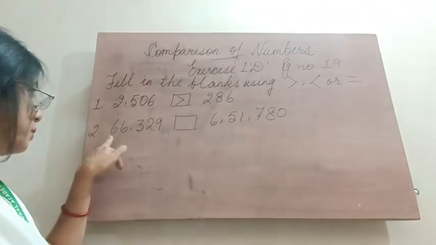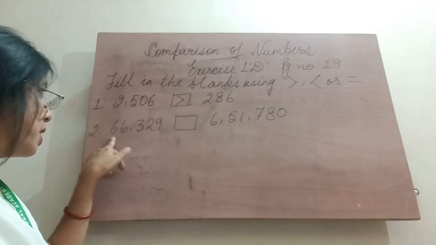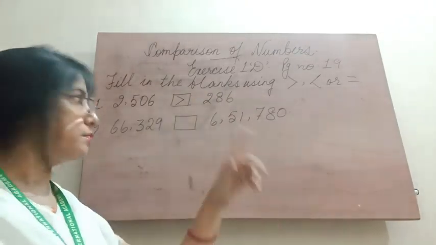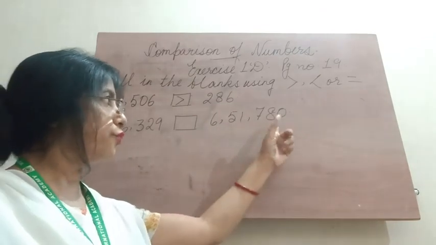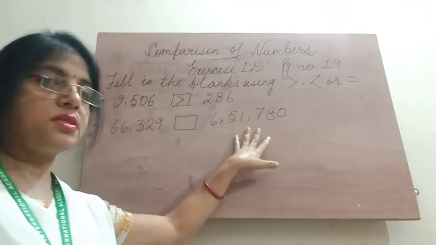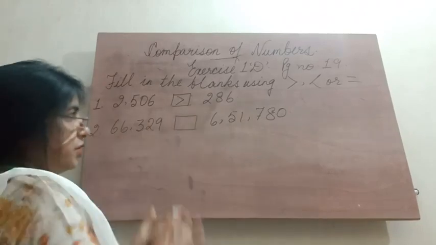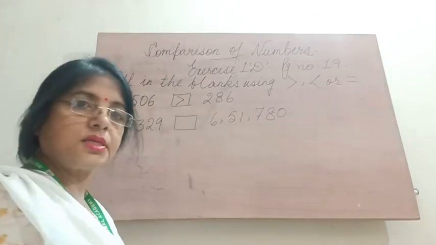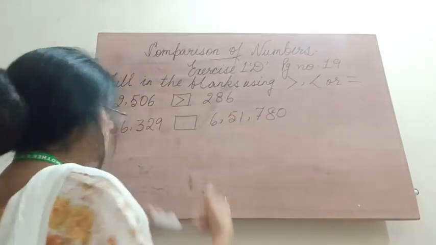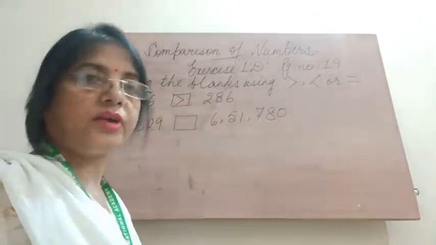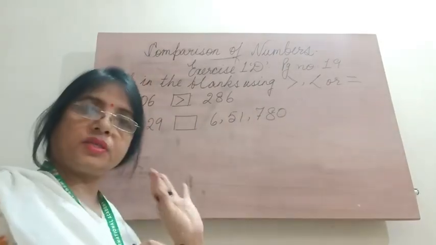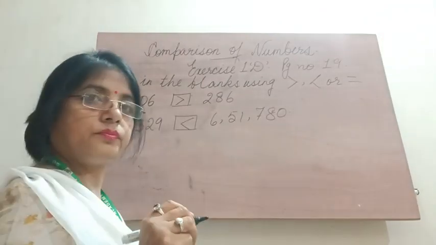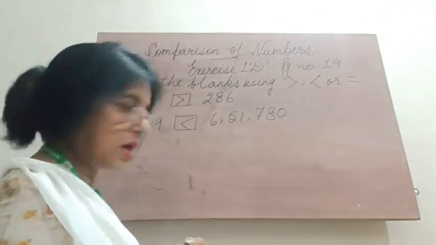The first number, 1, 2, 3, 4, 5, has 5 digits. And the second number, you start counting, 1, 2, 3, 4, 5, 6, has 6 digits. So which one is greater? 5 or 6? 6 is greater. Obviously the number which has 6 digits will be greater. So the greater sign will be towards this number.